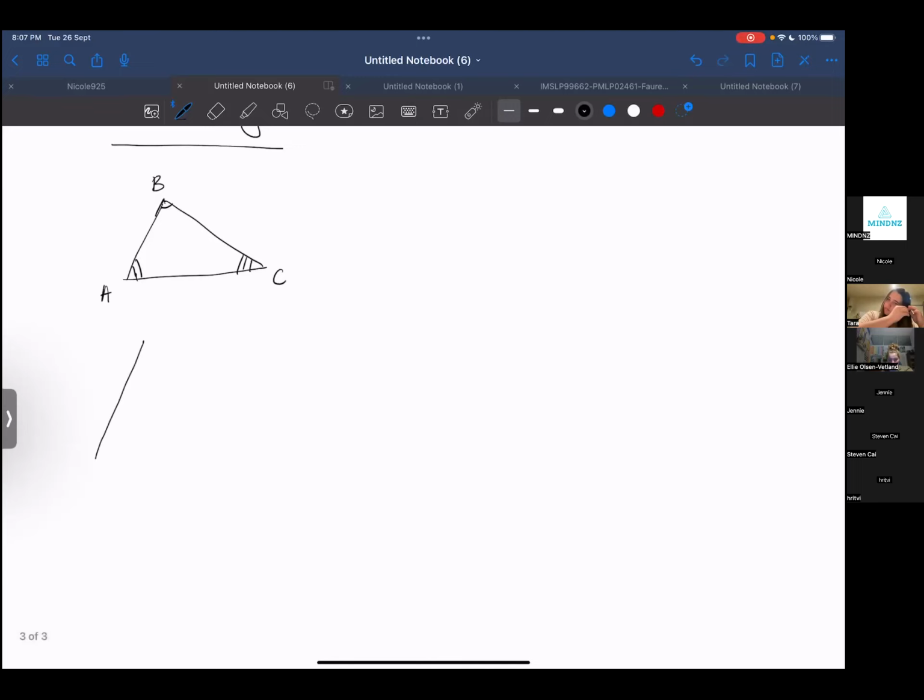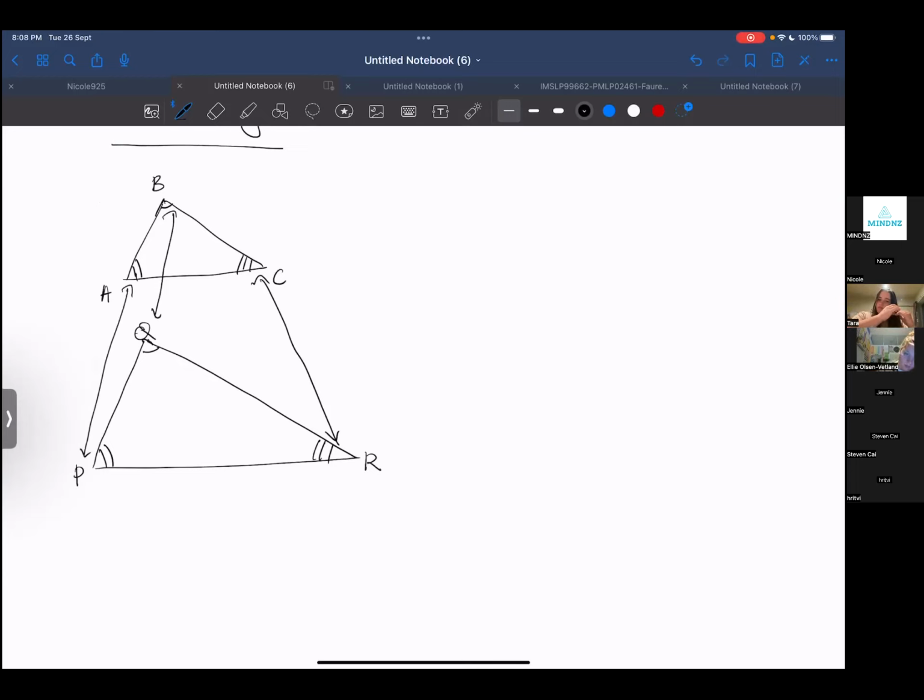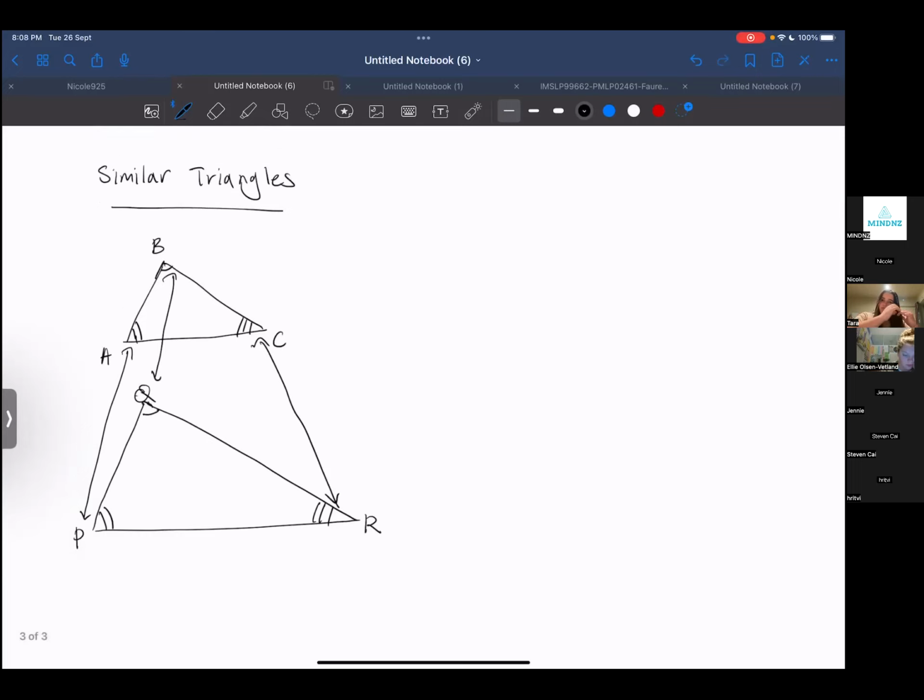Then if we had another triangle that is similar, P, Q, R, then these angles would be the same. So C corresponds to R, B corresponds to Q, and A corresponds to P. A really important property that we get from this is that the length ratios are all the same.